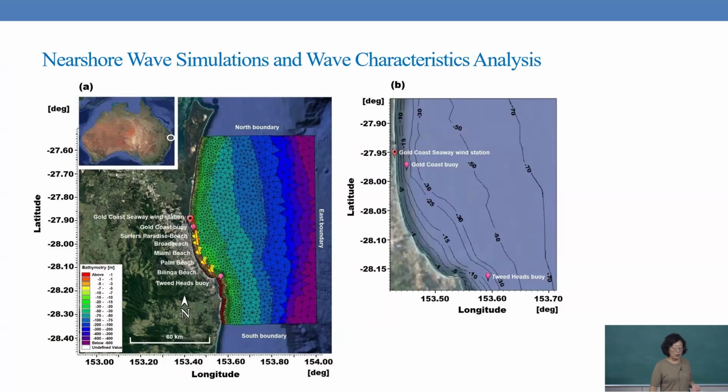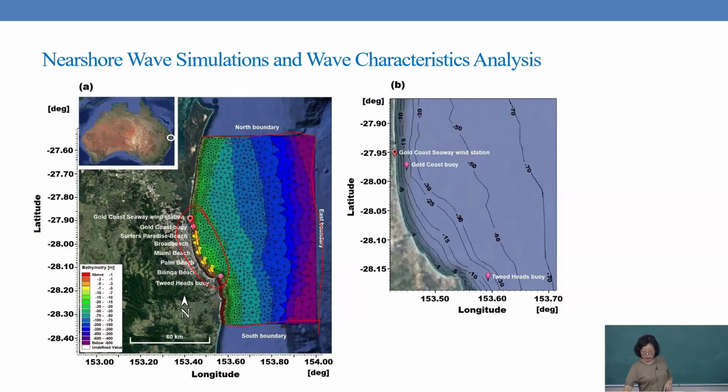And we set up the boundary for this model, because that covers the area of our interest, all those key beaches. And also because we have the bathymetry information and the wind data, that's what we used.